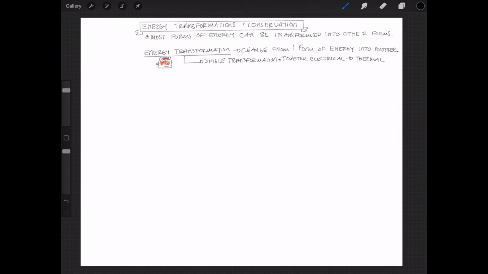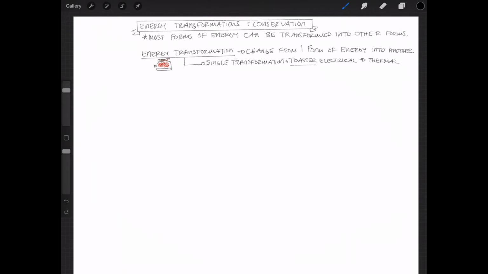That's my single transformation from electrical to thermal in my toaster. We also have multiple transformations. Right? Single transformation in our toaster. And we're going to talk about multiple transformations next.